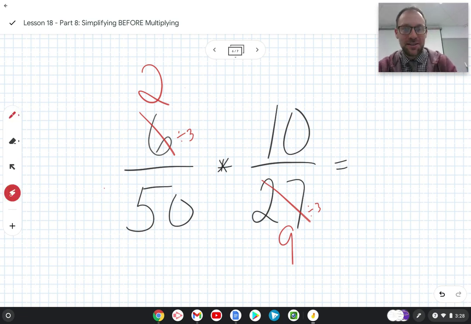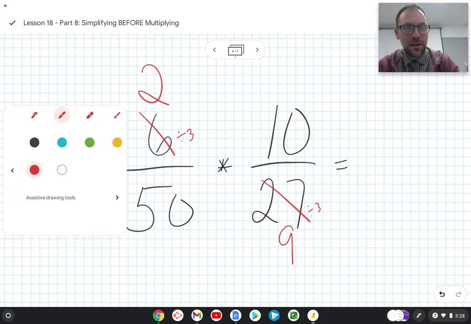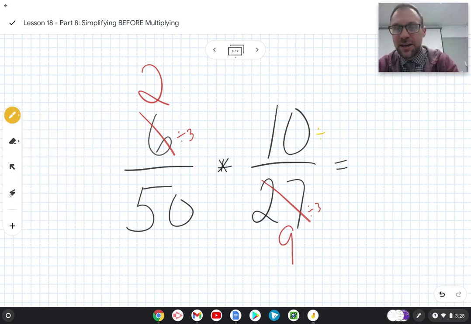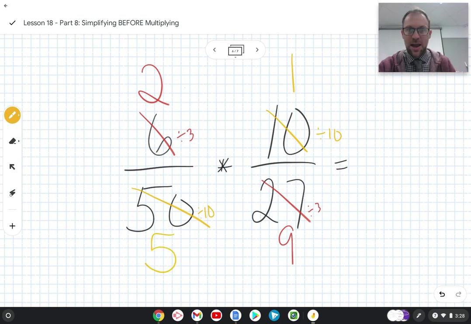Now let's take a look at the 50 and the 10, a numerator and a denominator from different fractions. 10, of course, is a factor of 50. It's the greatest common factor. So let's go ahead and do that. If we divide 10 by 10 and 50 by 10, we get 10 divided by 10 is 1. 50 divided by 10 is 5. So now we have 2/5 times 1/9.